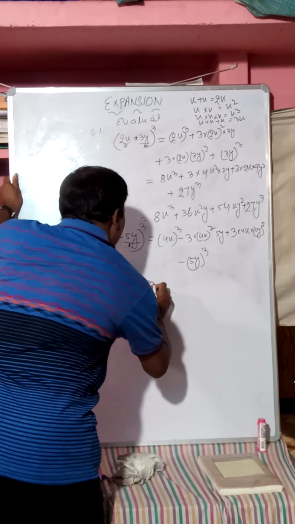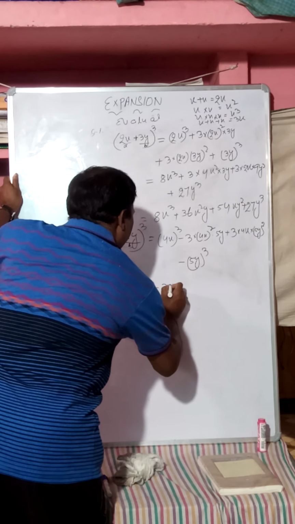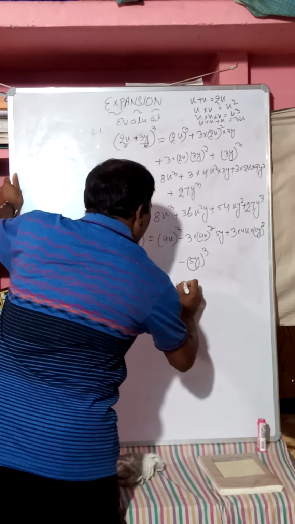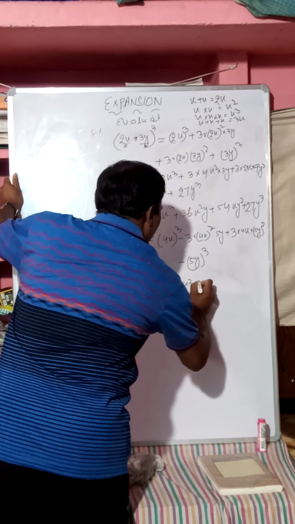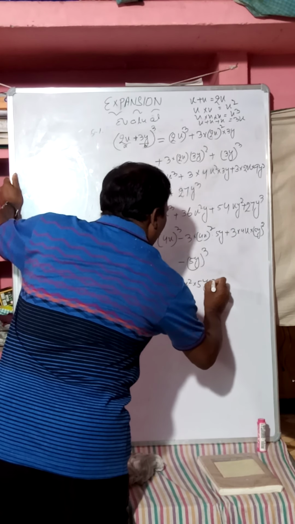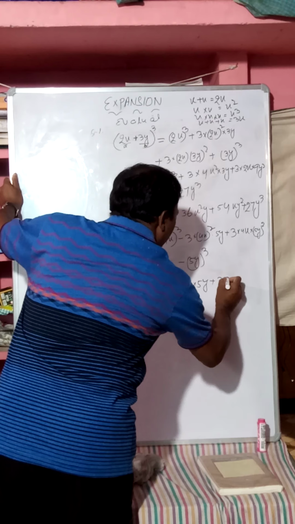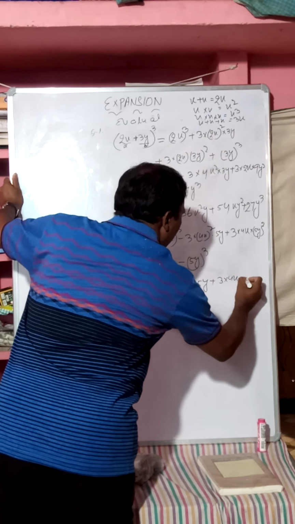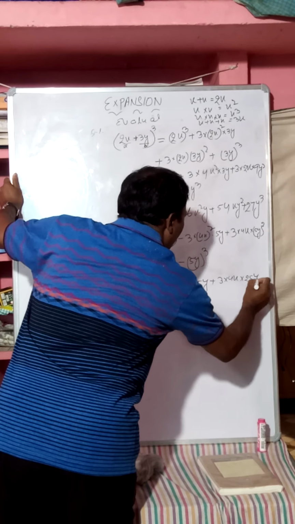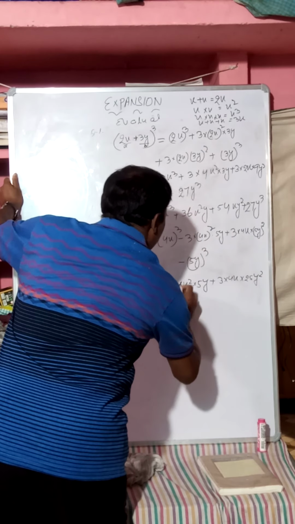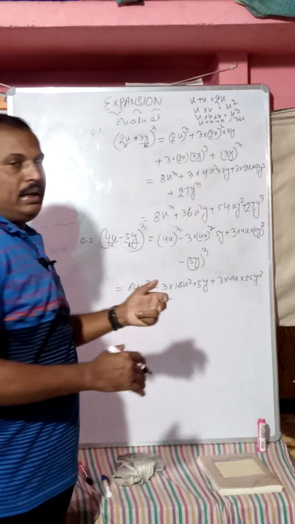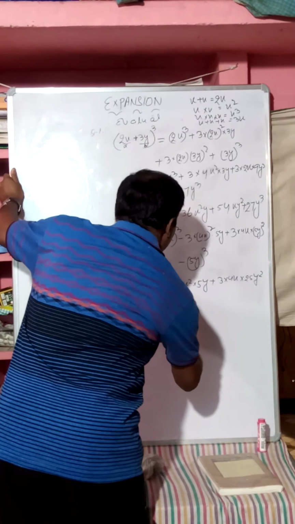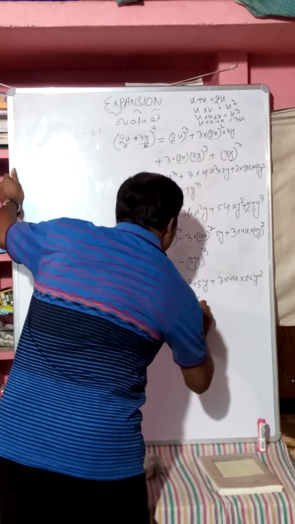64 x cube minus 3 into (4x) whole square, 4 into 4 is 16 x square into 5y, plus 3 into 4x into (5y) whole square, 25 y square, minus 5 whole cube, 5 fives are 25, 5 twenty-fives are 125 y cube.